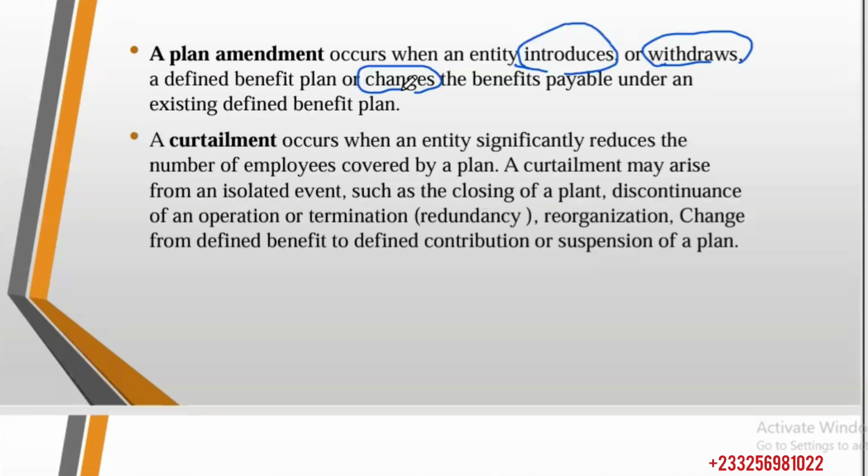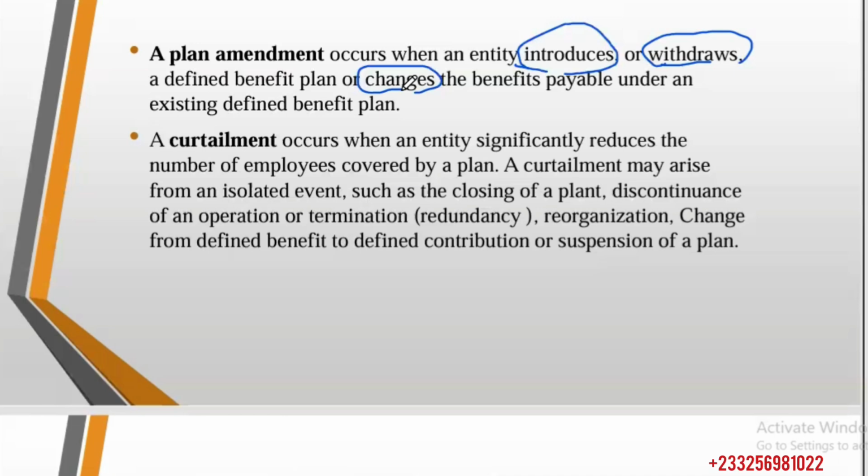So you could see that this type of amendment has brought about an increase in benefit payable. So when the payment into the plan has increased on behalf of the employees, this will result in an upward amendment.